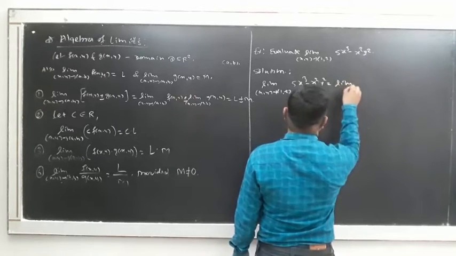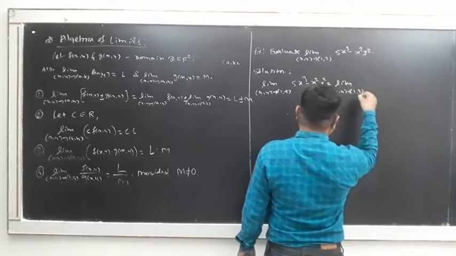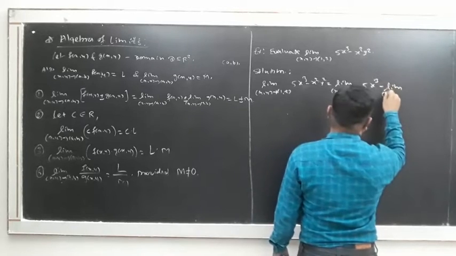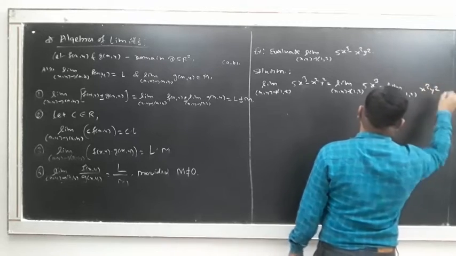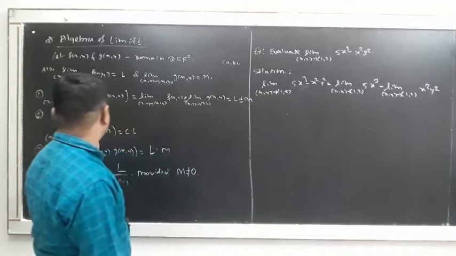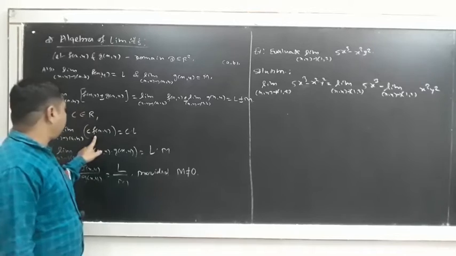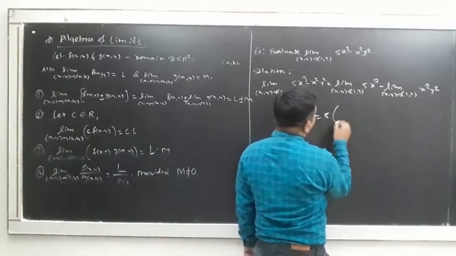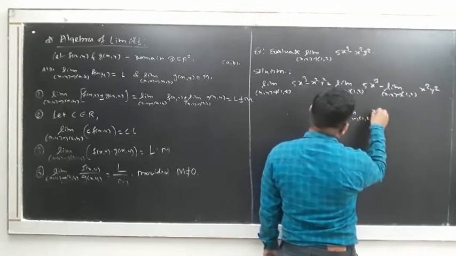So limit xy tends to 1, 2, of 5x cube minus limit xy tends to 1, 2, of x square y square. Now we have to use the multiplication rule, multiplication with the constant. The constant here is 5, so we take 5 into limit xy tends to 1, 2, of x cube, minus.